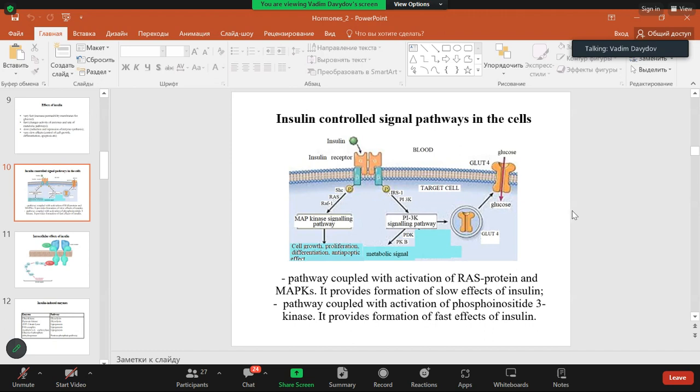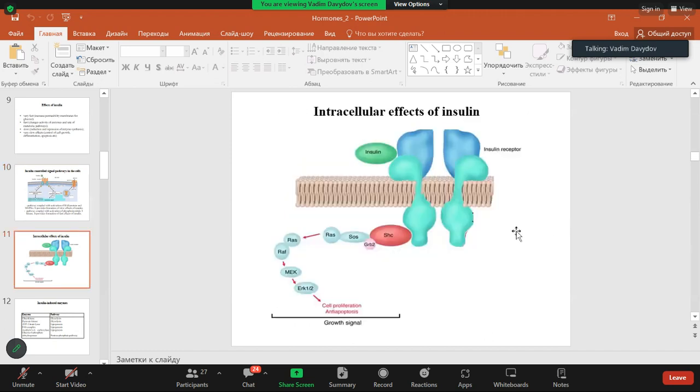First of all, let's talk about the effect of insulin coupled with activation of RAS protein. My dear colleagues, what you have to know about that signal transduction pathway.